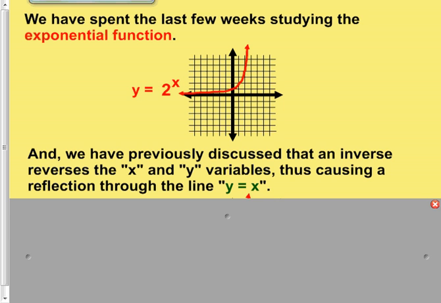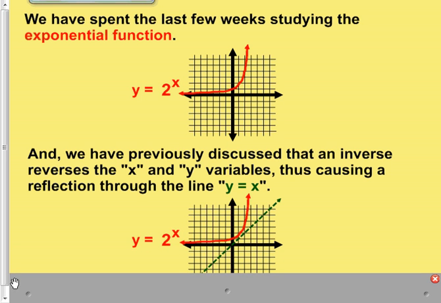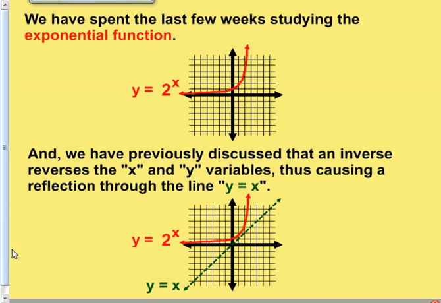Okay. Now, what that basically means to a graph is we end up with a resulting reflection through the line y equals x, which makes perfect sense because if we are reversing x and y in the equation, we are basically establishing that the x value and the y value are equal to each other and they can be changed for each other within the equation.